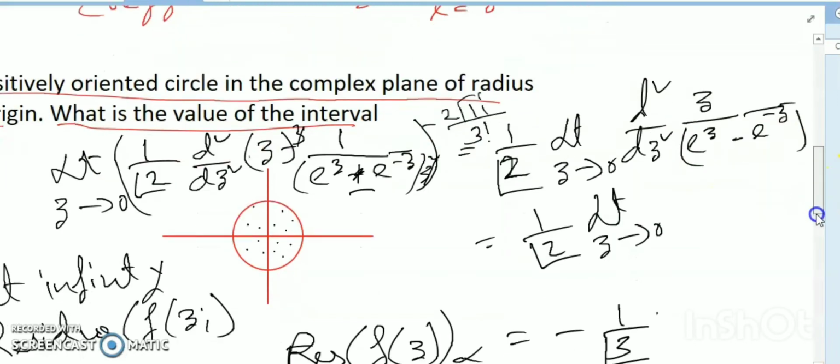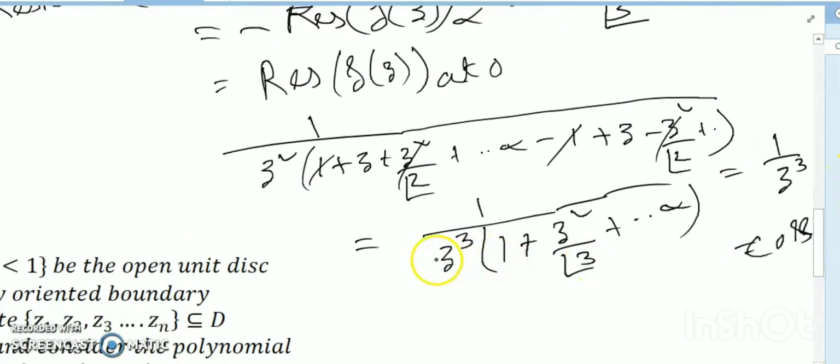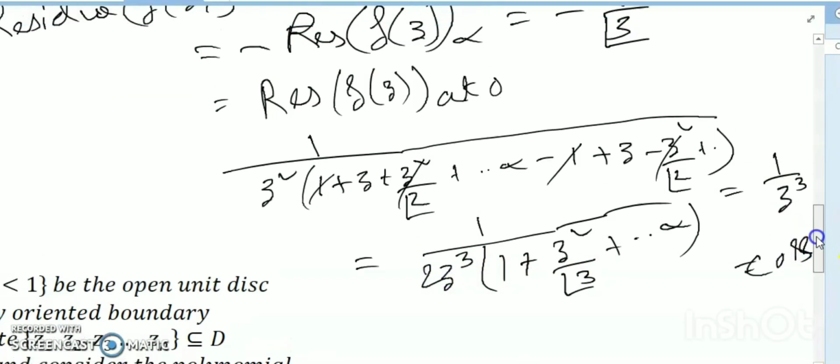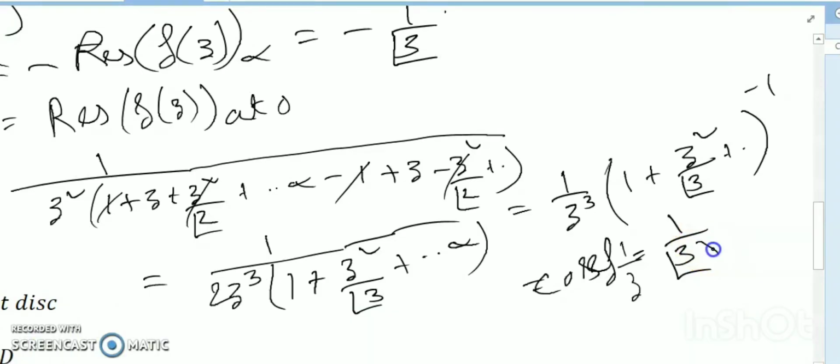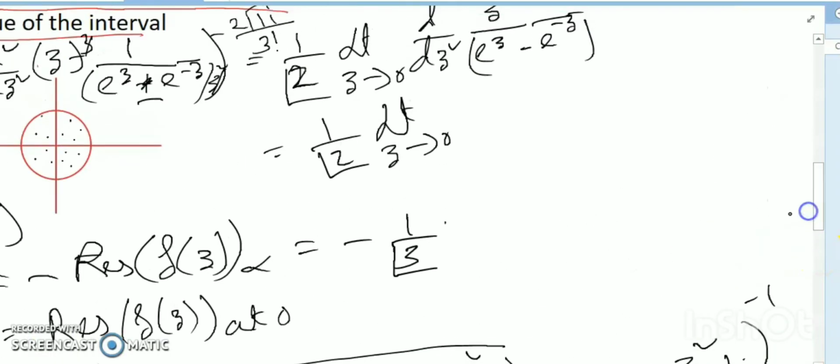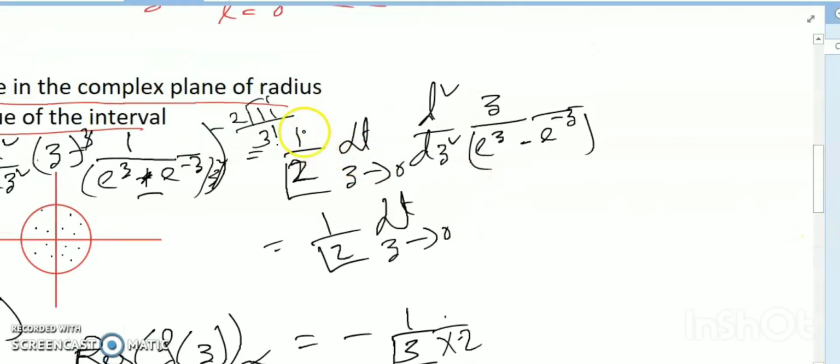Another factor is my mistake: a 2 is multiplied. So here, when I added, it is also multiplied by 2, so it is 3 factorial into 2 in my residue, and my answer should be pi i by 6, minus pi i by 6.